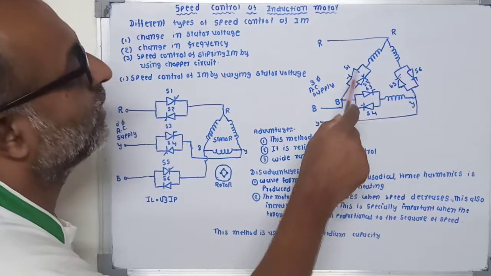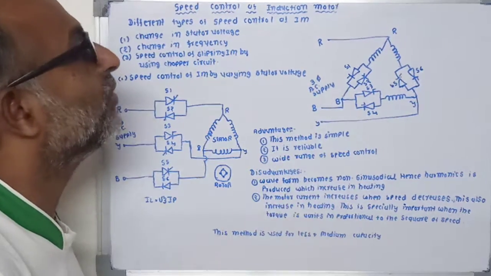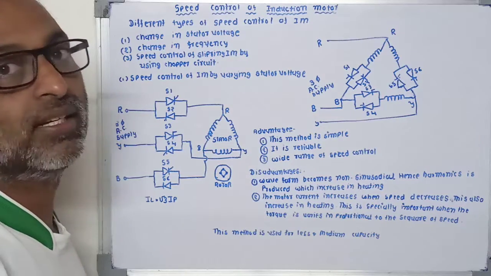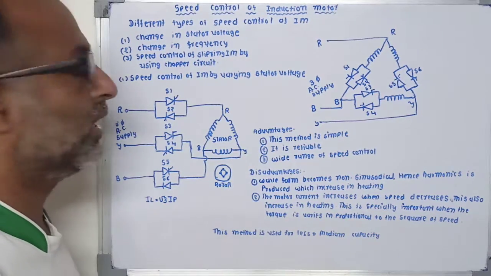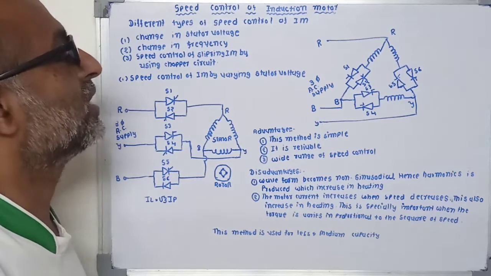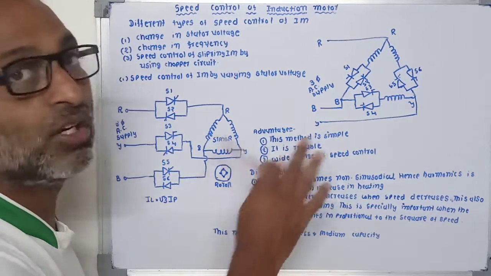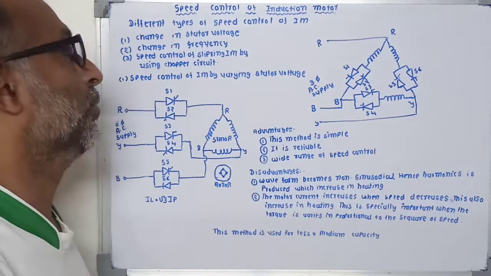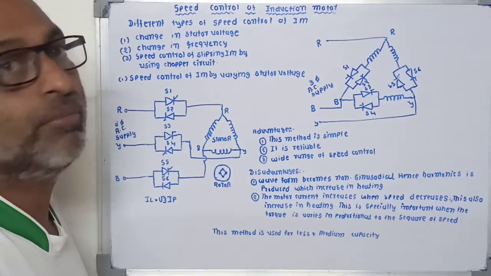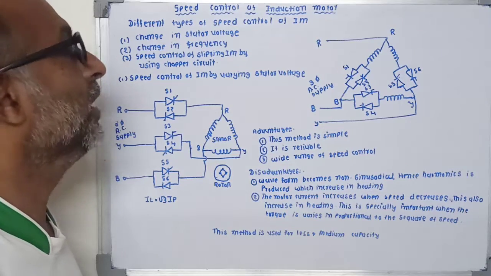Another most important thing: as I already told you, the phase current is less than the line current by a factor of √3, which will reduce the current capacity. So there are two types of systems used. This type of method is used for low and medium capacity motors.